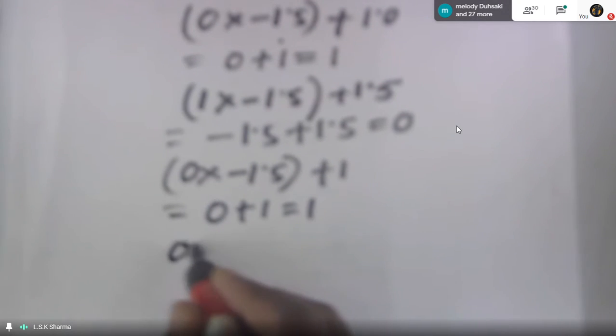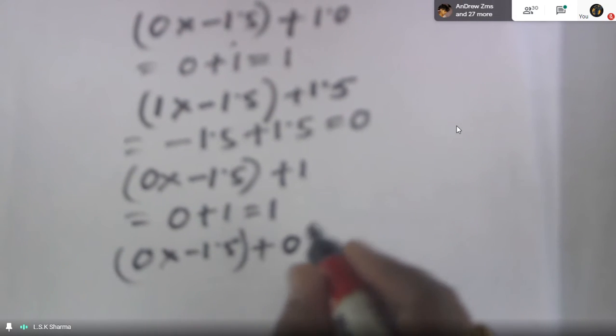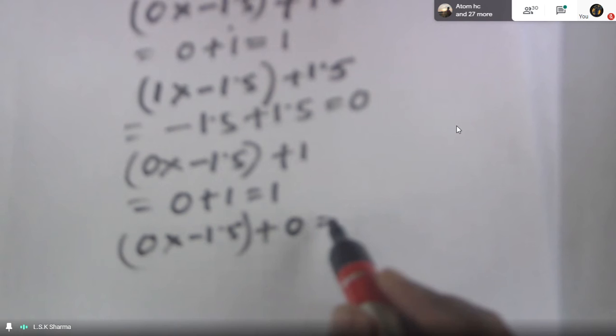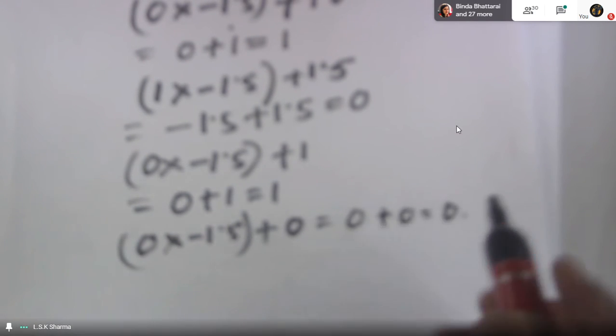So here it will be 1. And S2, 0 into minus 1.5 and plus the value out there was 0. So it will remain as 0. So what you get is 0 into 1.5 is 0 plus 0 is equal to 0. So here will be 0.